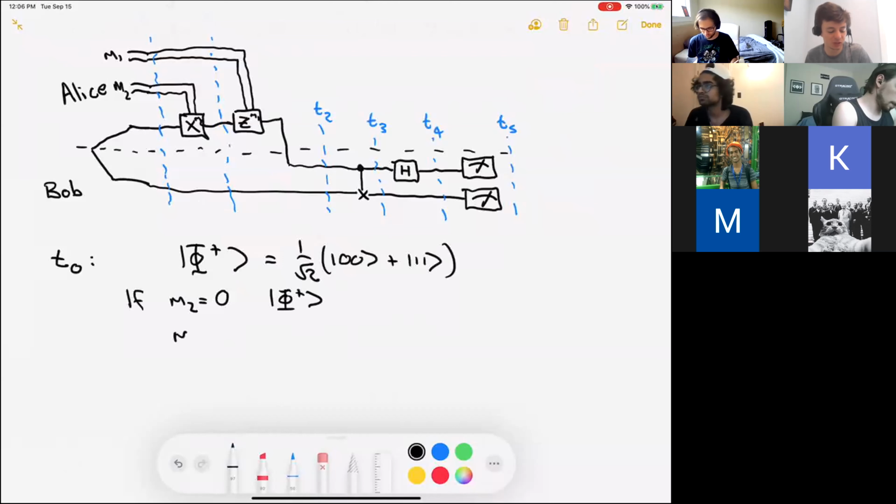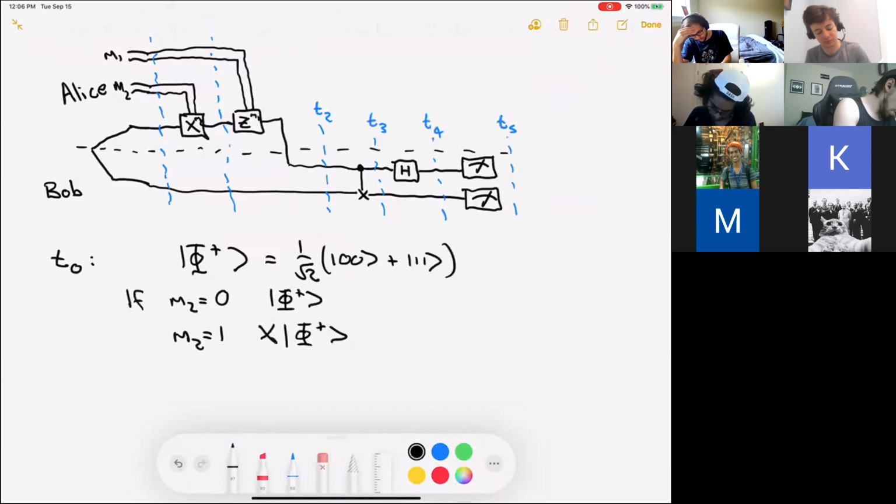What about if M2 is equal to 1? Well, then we apply an X. So it's X phi plus. Okay. What does X do to phi plus? Well, it just takes 0 to 1 and 1 to 0. So 10 plus 01.